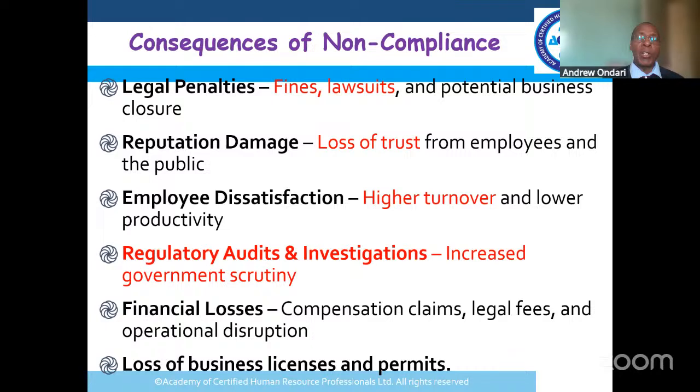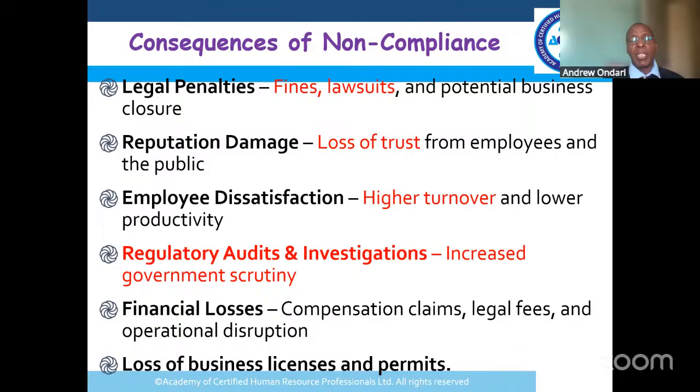So one of the consequences of non-compliance is employee turnover, which I have said is a cost, and they can leave because of non-compliance. Matters to do with health and safety, not complied with, matters to do with compensation, not complied with, matters to do with discrimination, not complied with.